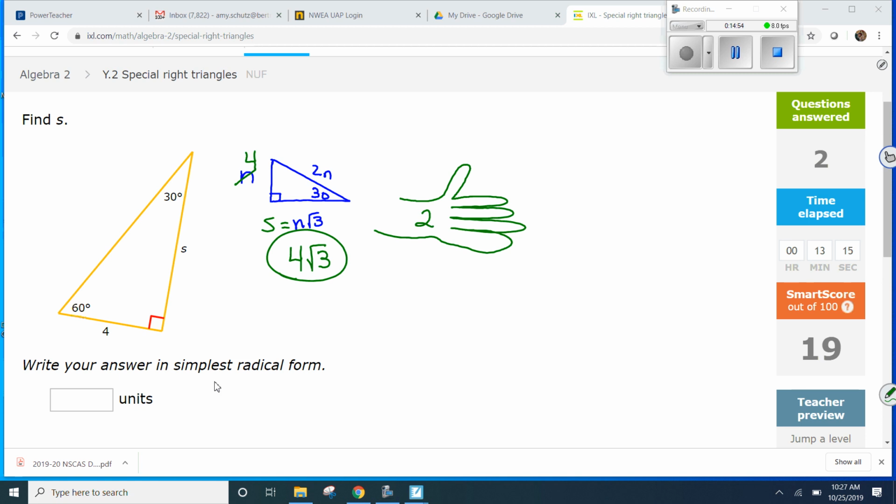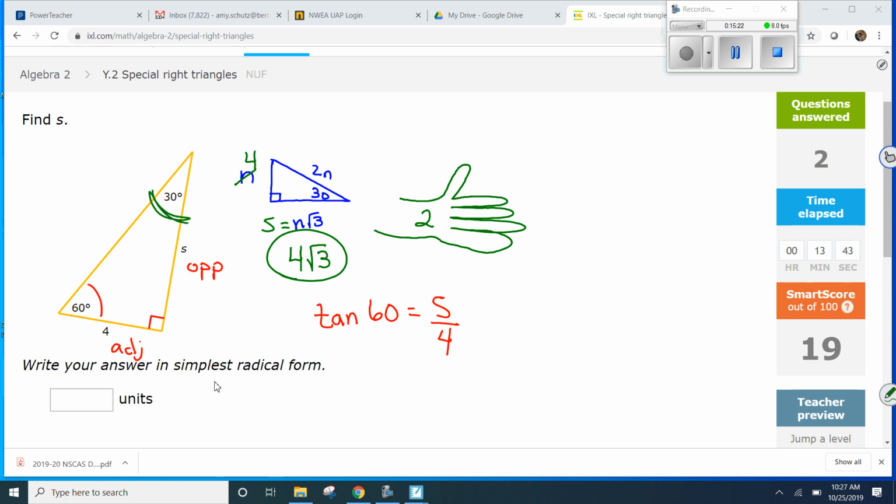Okay, so we look at this, and there are 2 different ways you could set this one up. One way is the tangent of 60 degrees. If you look at the 60-degree angle, the opposite side is S and the adjacent side is 4. So you would have S over 4, and that's one way you could solve it. The other way is to use your 30-degree angle.